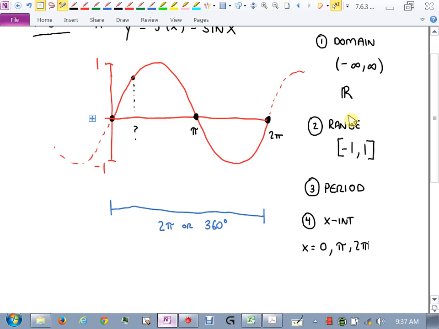Then the next one, 4 pi, 5 pi, 6 pi, 7 pi, 8 pi, right? I'm going to say that it follows that pattern. Do y'all agree with that? What about the other direction, though? Where would it hit? Negative pi, negative 2 pi, negative 3 pi, negative 4 pi.